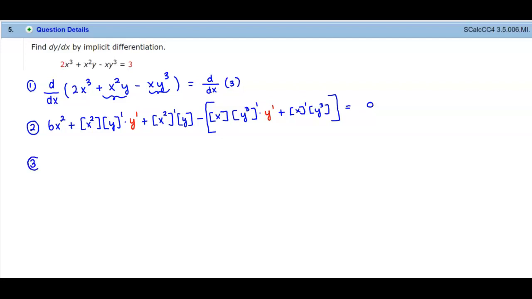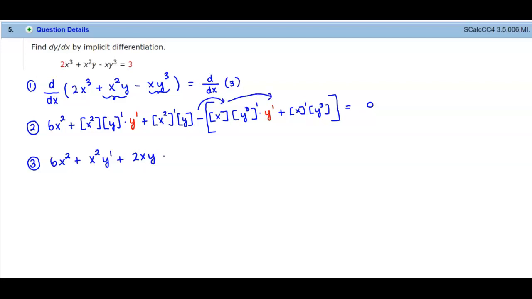So in step 3, let's find the derivatives. So we have 6x squared plus the derivative of y is going to be 1. So 1 times x squared is going to give us x squared y prime, plus the derivative of x squared is going to give us 2x times y. And recall here, we're going to have to distribute the sign to both of these terms.